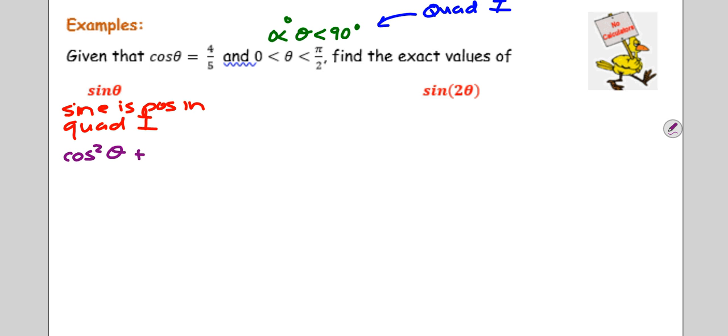Why are we doing that one, Miss Rose? Because we have the most information. We know what cos theta is, and we've got to be able to sub it into something to work out what sine theta is. If I looked at my list, that page 11 where I got you to write them all out, sometimes having that out is helpful. Or your formula booklet's got them as well.